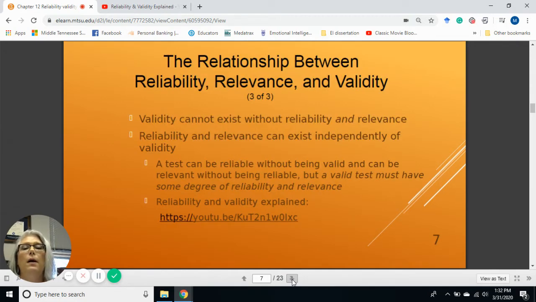Okay. So validity can exist without relevance and reliability, and reliability and relevance can exist independently of validity. So a test can be reliable but not valid, and be relevant without being reliable. But a valid test will have some degree of reliability and relevance.